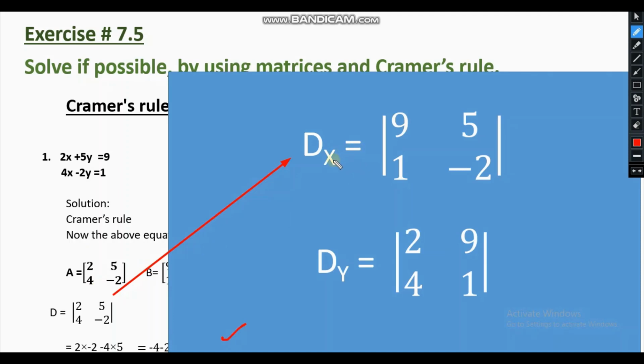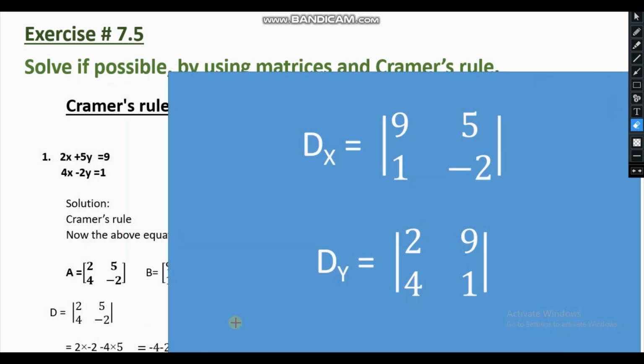When we find the determinant of x, the other values will be the same here, but 9 and 1, the values of b, will be put in the x column. Now again, if we find the determinant of y, the y column values will be replaced by the values of b. This is the method for determinant of x and determinant of y.